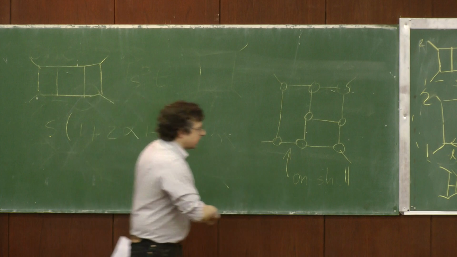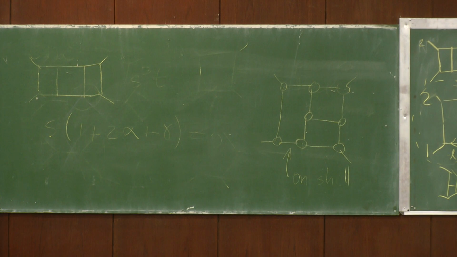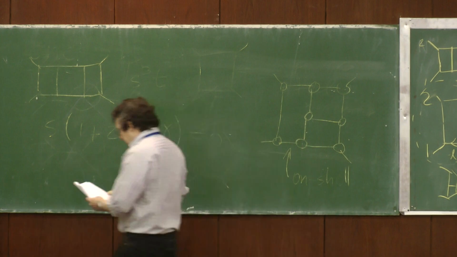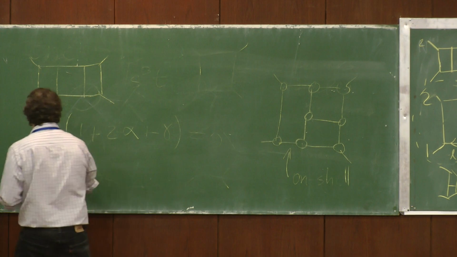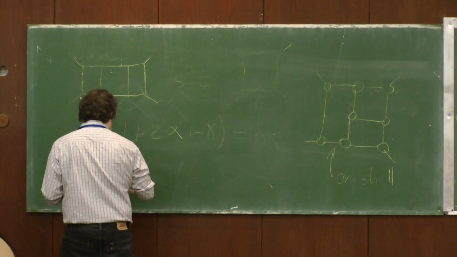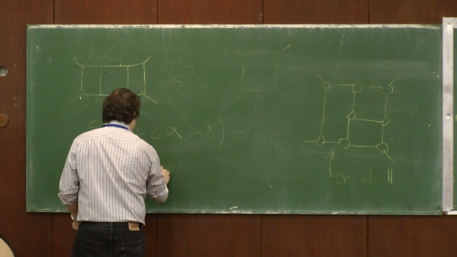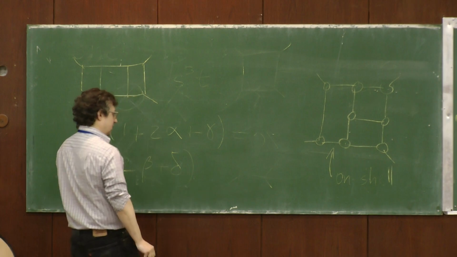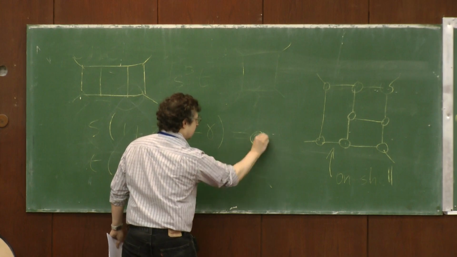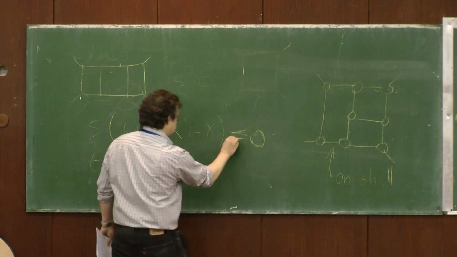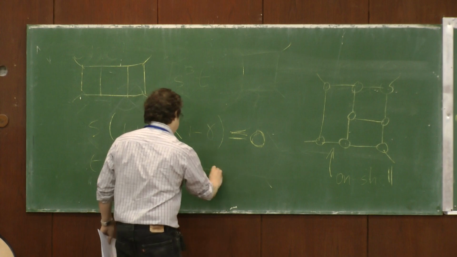Then for the coefficient of t, again, I get an equation. And the equation I get is 2 beta plus delta, which looks highly unreadable, but OK, we're trying, is equal to 0.